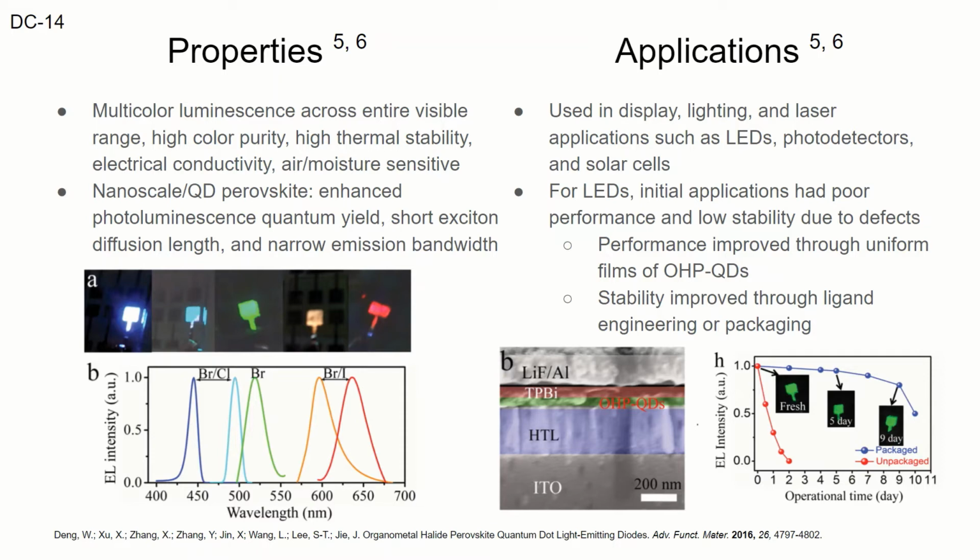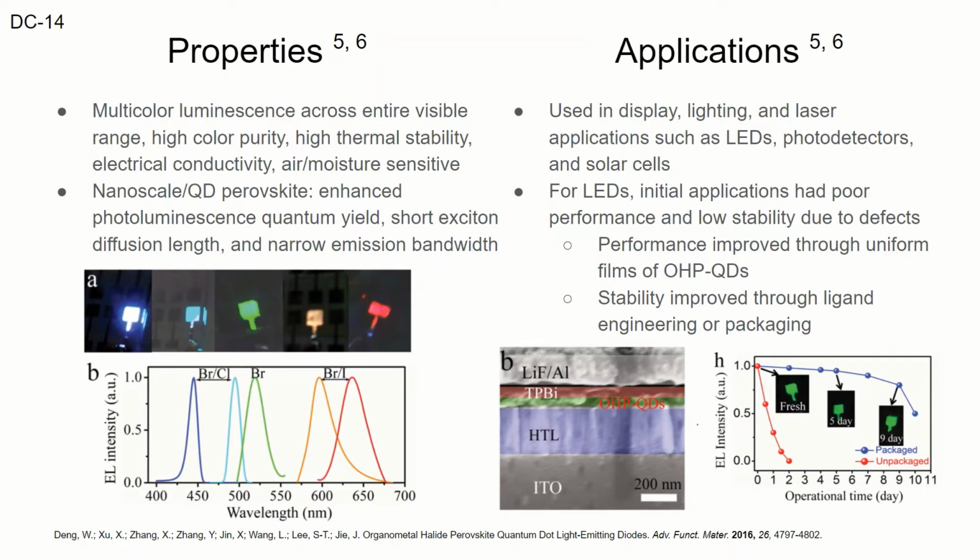Because the atoms are fixed in a crystalline structure, the atoms are less probable to lose energy to collisions. This results in high color purity and high thermal stability that then results in enhanced photoluminescence quantum yield, short exciton diffusion length, and narrow emission bandwidth.